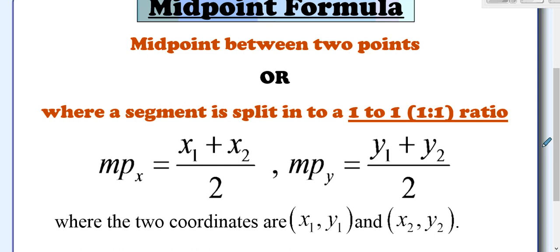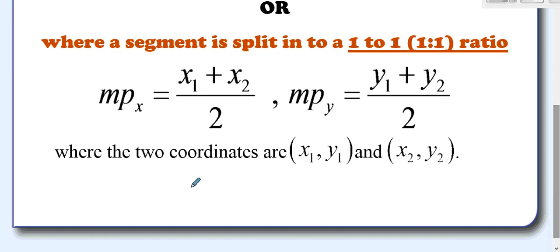So your midpoint formula is x1 plus x2 over 2. That gives you the x coordinate.